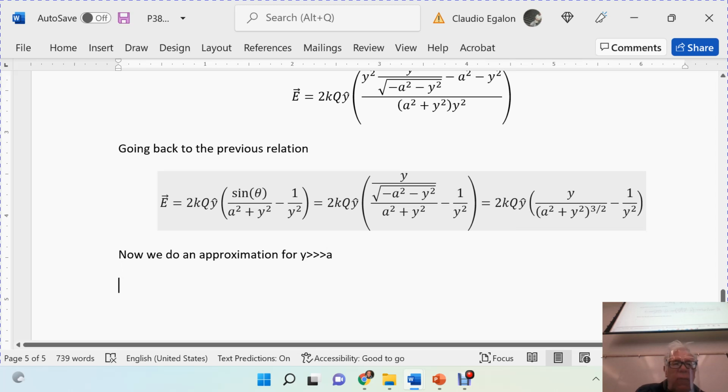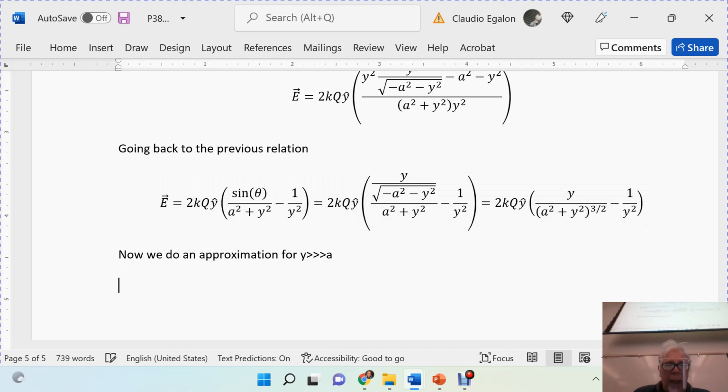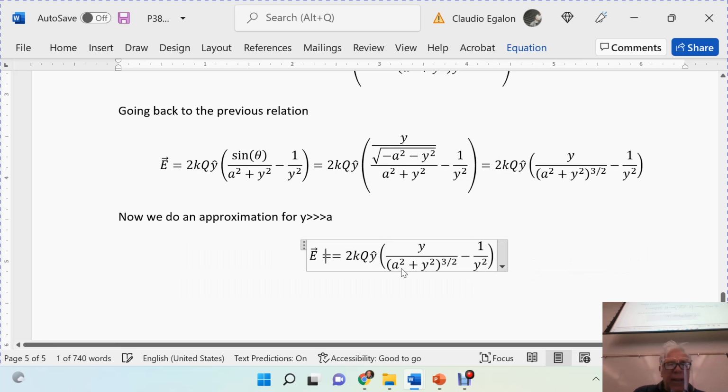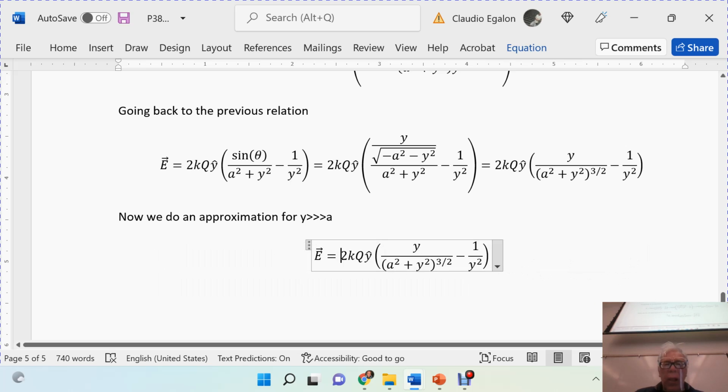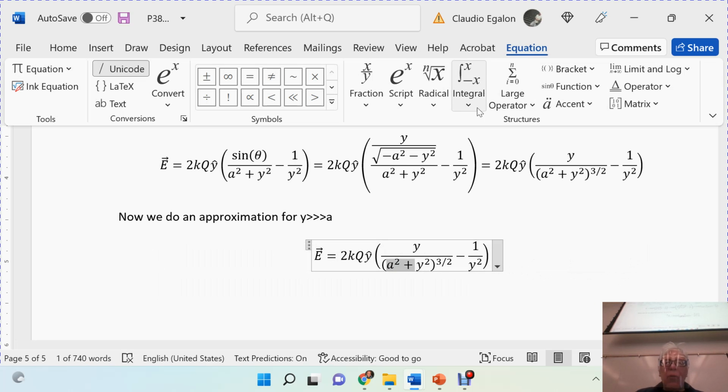Okay, how do you perform this approximation for y much greater than a, right? The mathematical trick is the following. You put the y squared in evidence, only in the left term. You don't have to worry about the right term because we don't have any a's there, right?